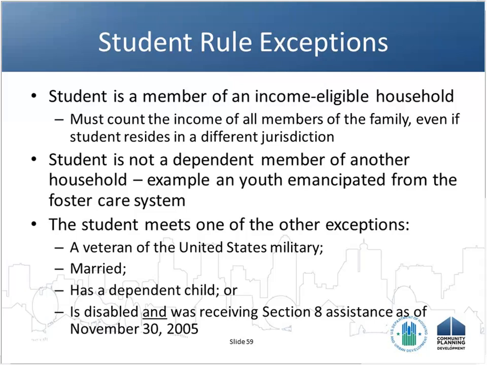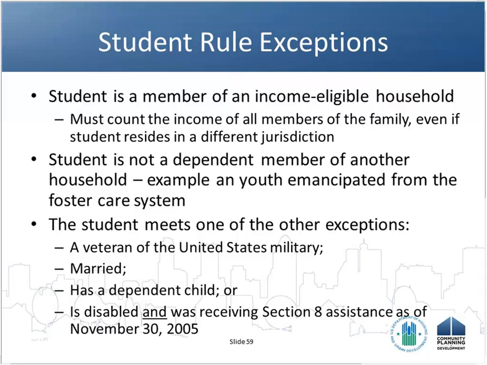Other exceptions would be a veteran of the U.S. military, someone who is married, someone who is a head of household with a dependent child, or a student who is disabled and was receiving Section 8 assistance on November 30th, 2005.